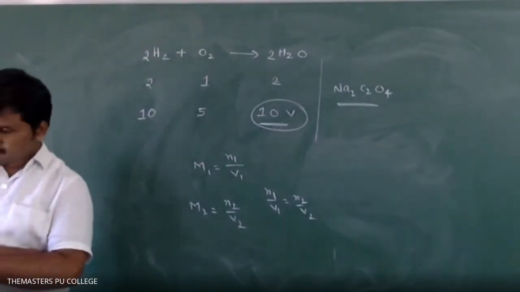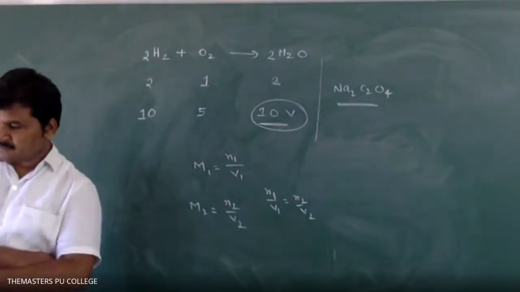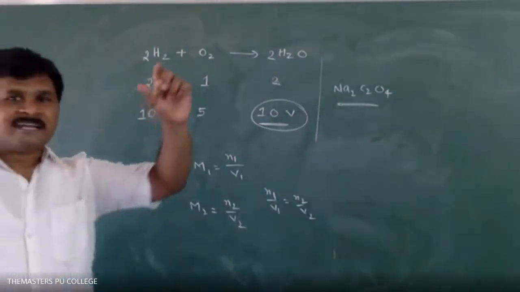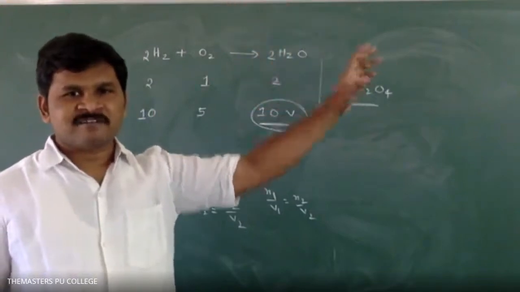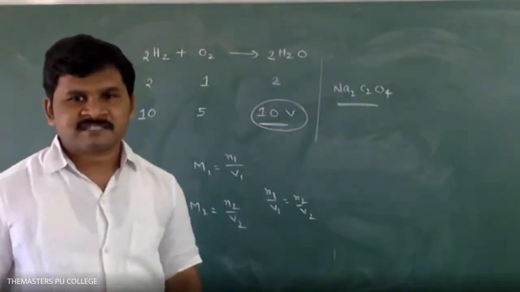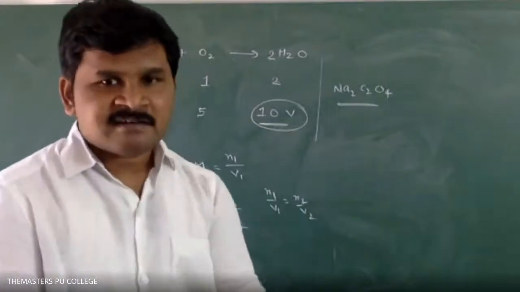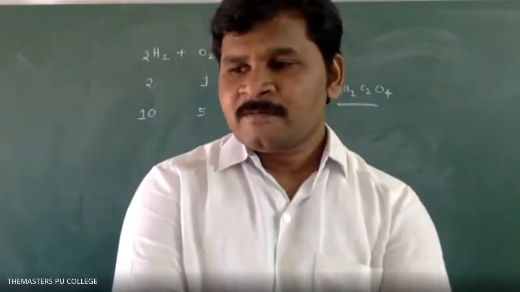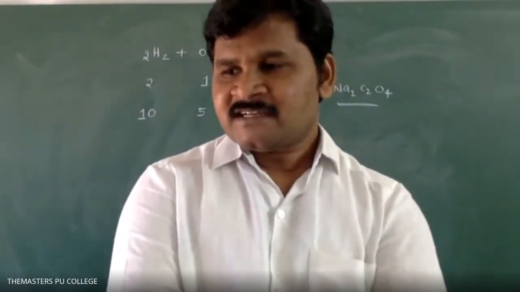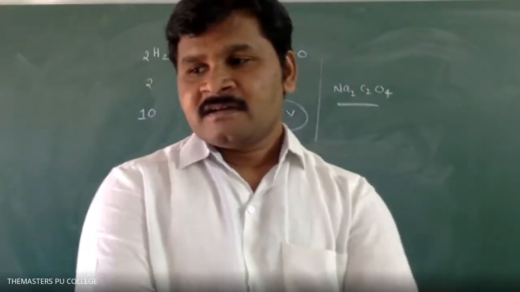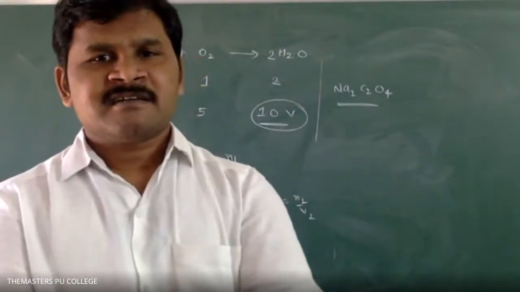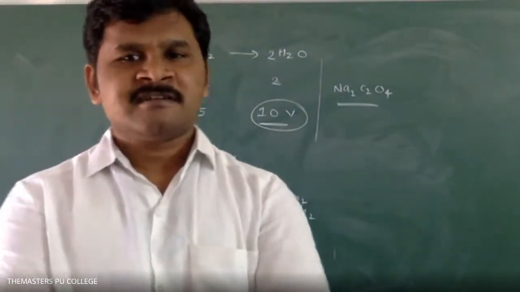Next, question number 96. Please write separately all the acids: HCl, H2SO4, HNO3. Please make it fast. What is the HCl volume? 5 ml.